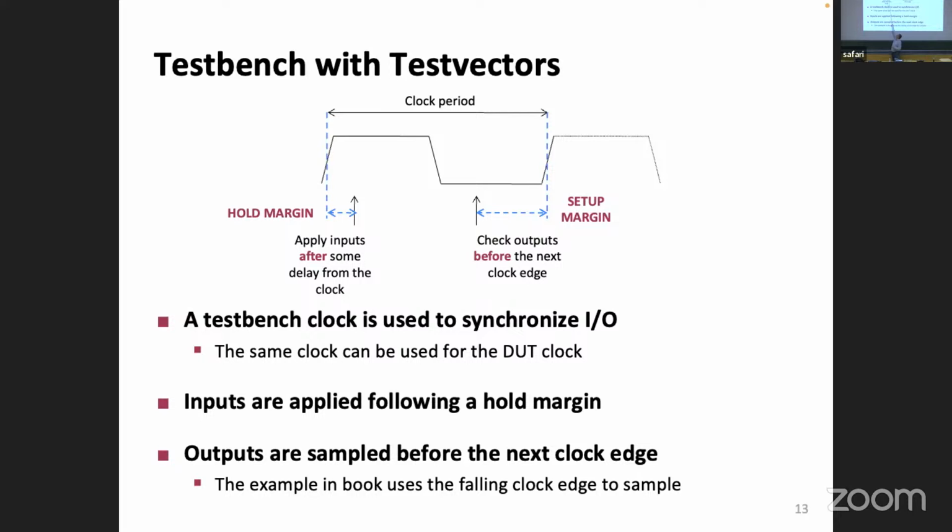We don't want to apply the input at the same time as the rising clock. We want to have a bit of separation between the two. Does that make sense? Yes?